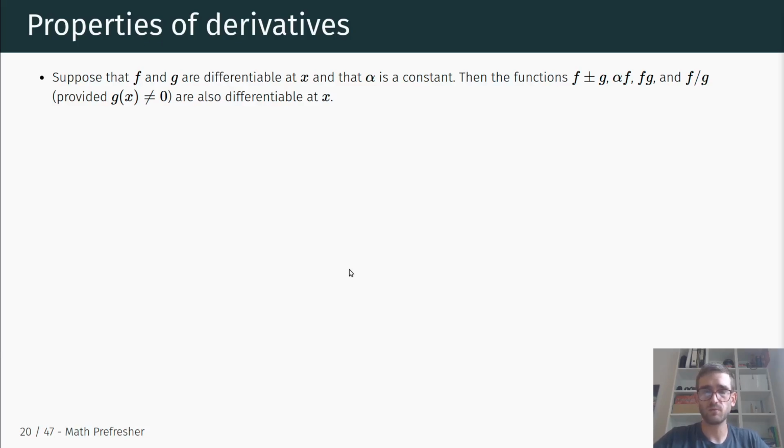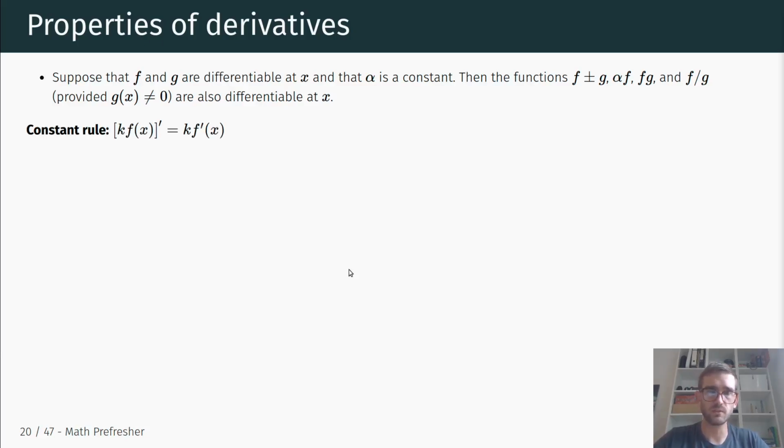So if we have two separate functions that are differentiable at point x, then we know that the combination of those two functions is also differentiable at point x.